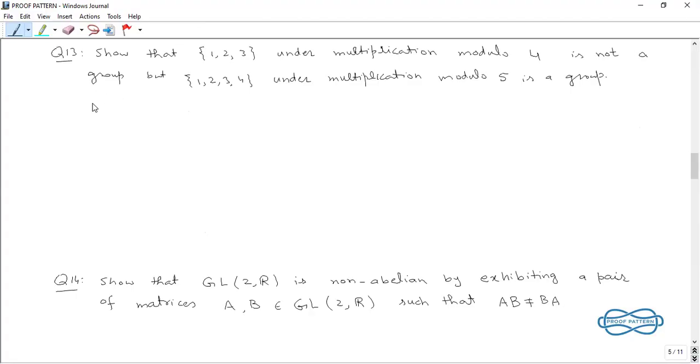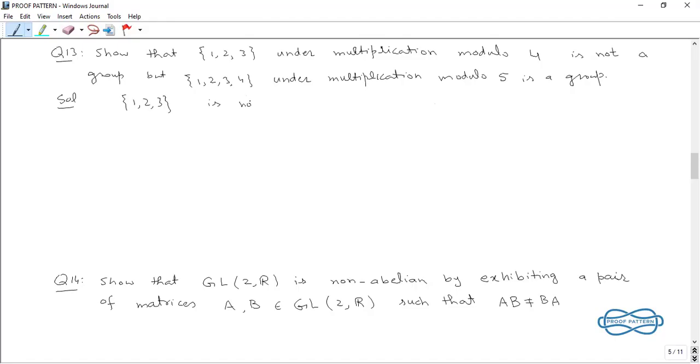We move toward question number 13. Show that the set {1, 2, 3} under multiplication modulo 4 is not a group, but the set {1, 2, 3, 4} under multiplication modulo 5 is a group. Solution. First, we discuss this set under multiplication modulo 4.